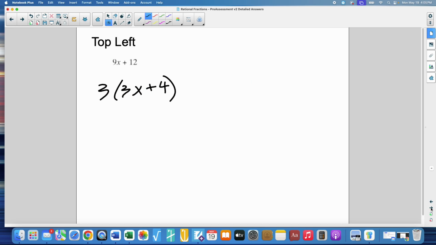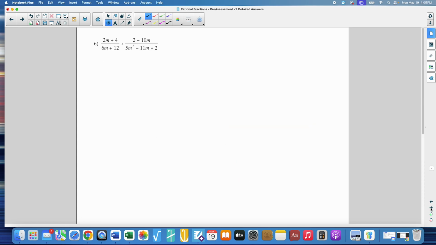Very, very efficient. Okay. And last one, first thing, I'm not going to fall for the same mistake, Mr. Mack. I notice it's division. So the first thing I'm going to do is keep, change to multiplication, and flip.